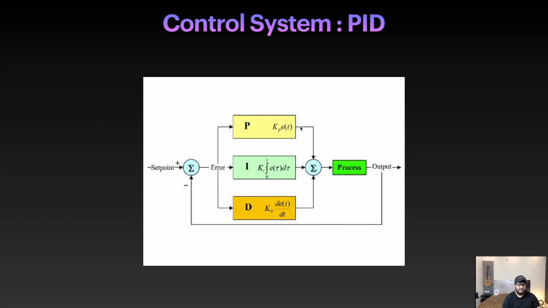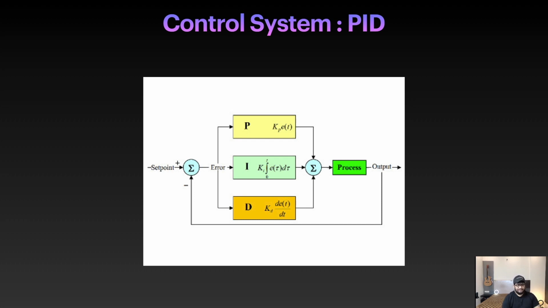You find the error signal, multiply with Kp, multiply the integral with Ki, and differentiate and multiply with Kd, and you get the actual signal and send it back. This is the control system we use in drones. It's called PID, proportional integral derivative. The motive is simple: to reduce the error as much as possible and bring the measured value as close as possible to what the user requested, the set point.